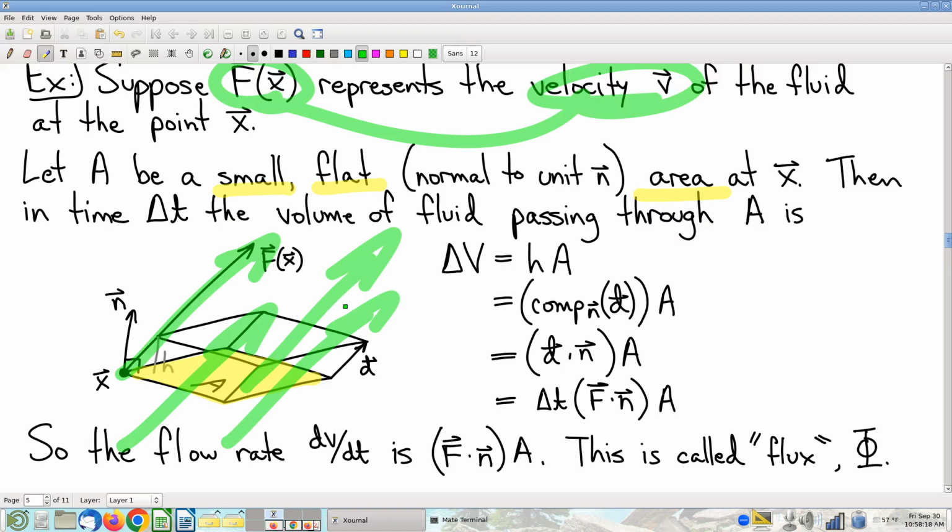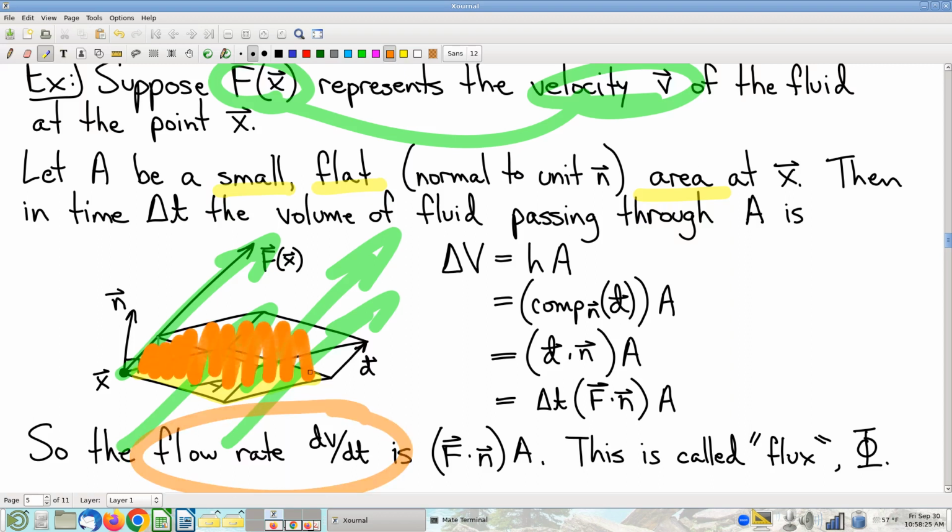Very reasonable question is, how much volume per unit time? I mean, there's an amount of volume, right, of whatever this fluid is that has passed through that area in a given amount of time. And given the vector field and given the area, the small, flat piece of area, how much volume is flowing through there? We'll get to the calculation in a second, but does everybody understand the setup and the question? Yeah?